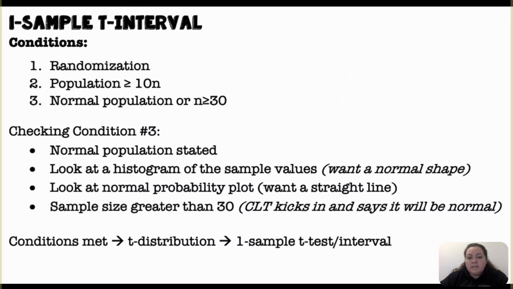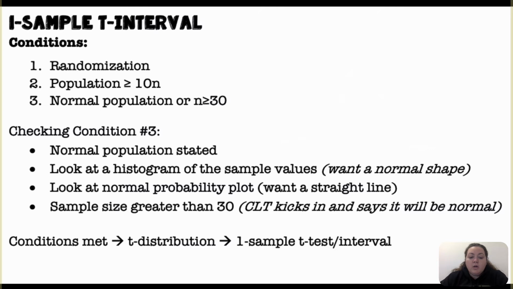Our conditions are going to be the same pretty much, so randomization, 10% condition, and then our normal condition. Remember, normal, when we were working with means, there were 3 ways of checking that normal condition. Either it can be stated that it's coming from a normal population. We can look at a histogram of the sample values, and we want it to be approximately normal, no obvious curves or no obvious outliers.